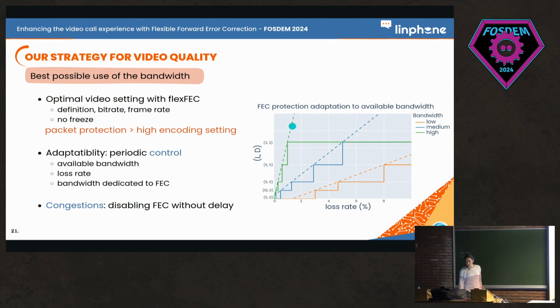But if you have a lot of bandwidth, you can have a full FEC protection. It is not a problem. And finally, when you have congestions, it means that you have too many packets on the transmission. You disable immediately the FEC because it is not useful, and it will make things worse.